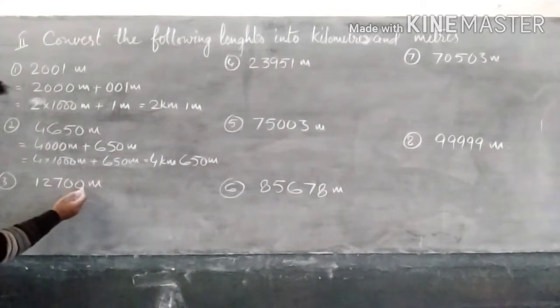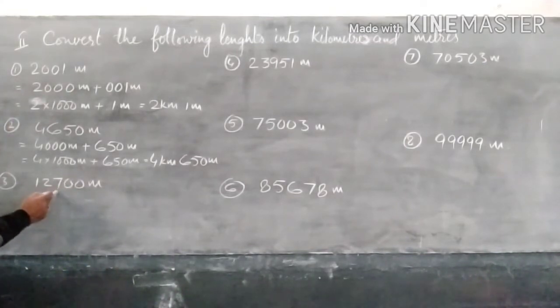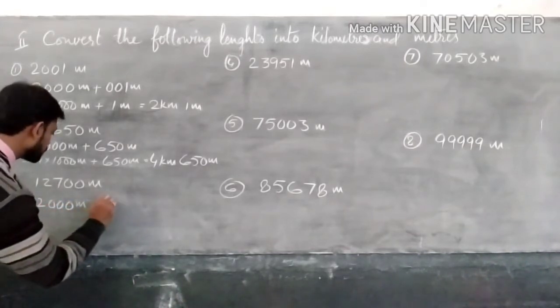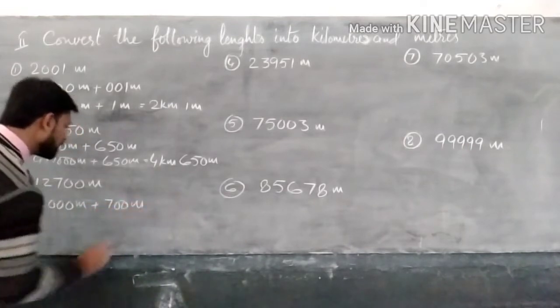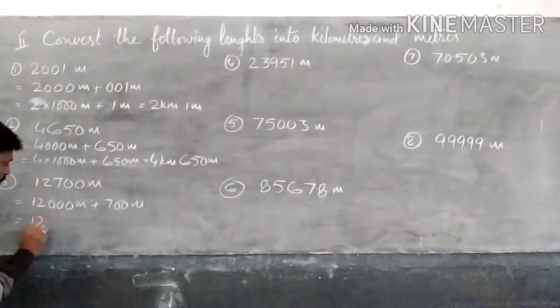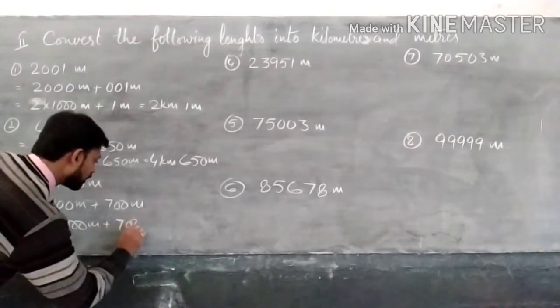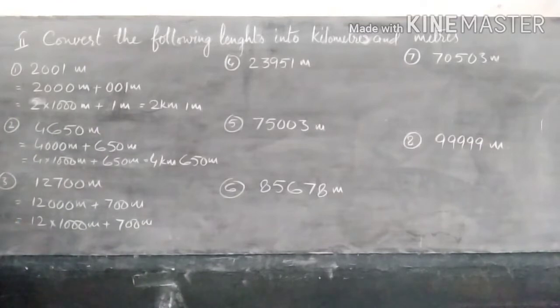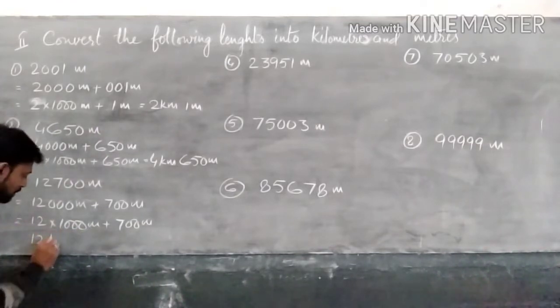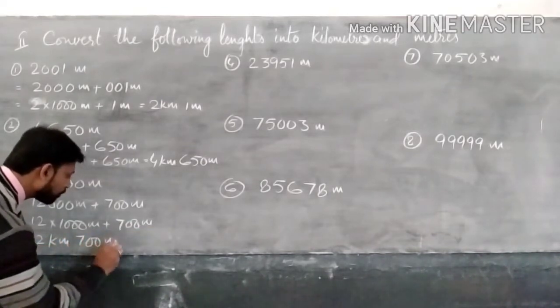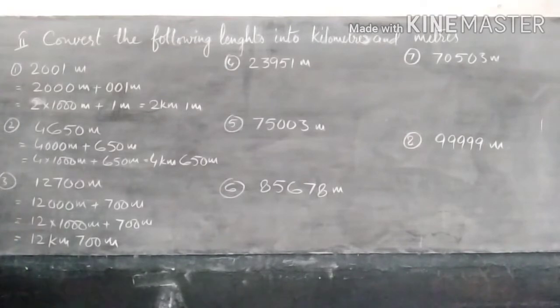Now this again, after 3 places you have to divide. So this is equal to 12000 meters plus 700 meters. This can be written as 12 into 1000 meters plus 700 meters, or we can write this 12 and this 1000 meters can be written as kilometers and this is 700 meters. Is that clear?